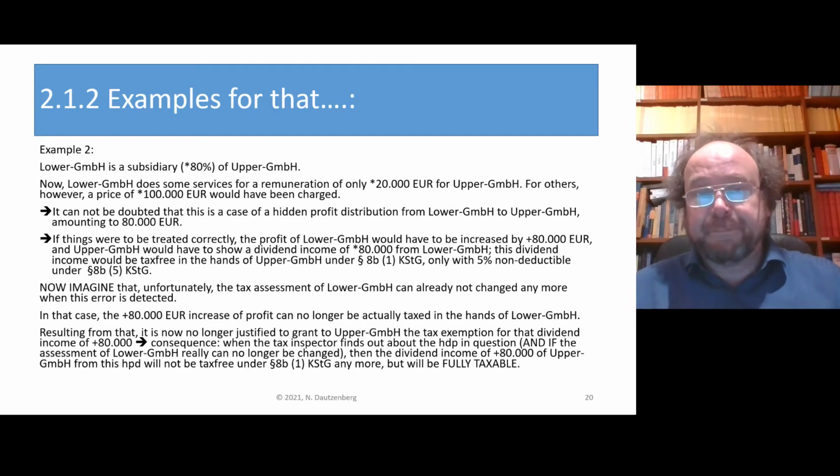And resulting from that, it's no longer justified to grant upper GmbH the tax reduction for that dividend which they got, if the real circumstances can be noticed later. So the consequence, when a tax inspector later finds out that a hidden profit distribution of 80,000 was received, is that the 80,000 would be fully taxable in the hands of upper GmbH, at least under the condition that the tax assessment of lower GmbH is completely over, done with, and closed. It can no longer be changed.